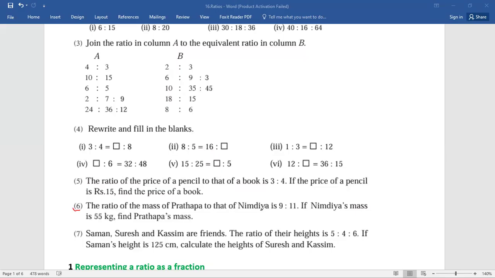Before that, I will remove this part. We have the green pen. For Saman, I will put Sa. Then, for my reference, it is easy. Suresh, Su.